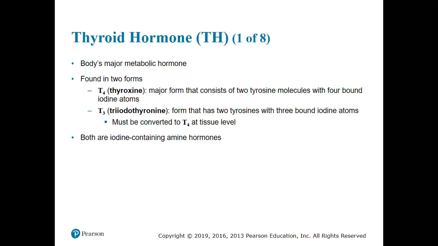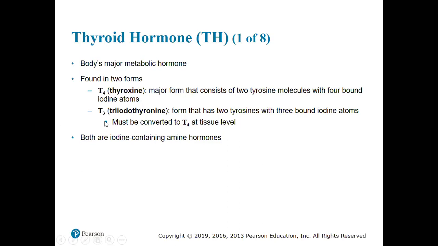Now, there are two kinds of thyroid hormone: T4 and T3. They're very easy to remember. Thyroxine, T4, is the major form and consists of two tyrosine molecules with 4 iodine atoms. Got it. Notice how the iodine comes into play.